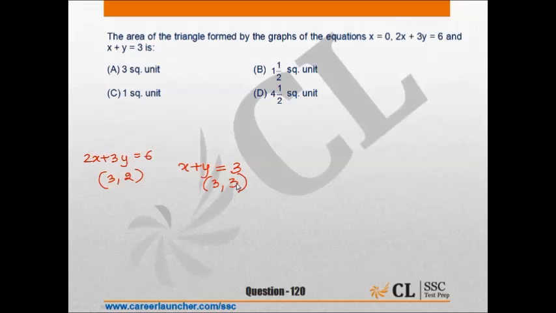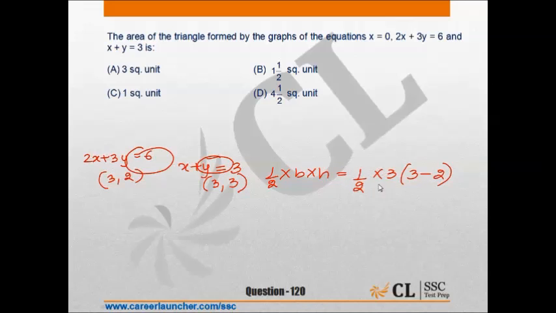Now we can see that the x vertex of both the equations is the same. So the area of any triangle is given by the formula half into base into height. So the base is the same for both the triangles, that is 3. So the area would be half into 3 into 3 minus 2. The height of this equation is 3 and the height of this equation is 2.